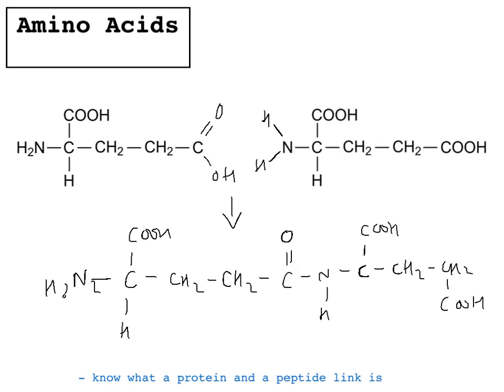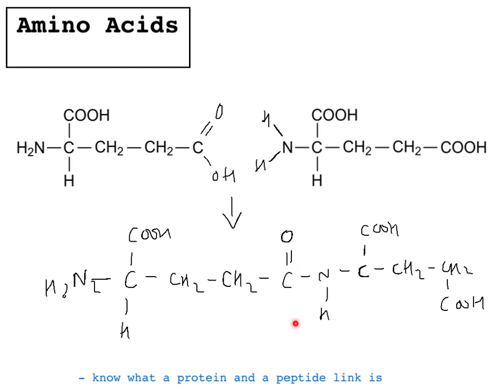And basically this can then link up again with another one of these, and you can make a huge chain. Now this would just be a chain of one single amino acid, and proteins are basically a chain of different amino acids, and depending on what the protein is, you have a different structure, a different order of amino acids.